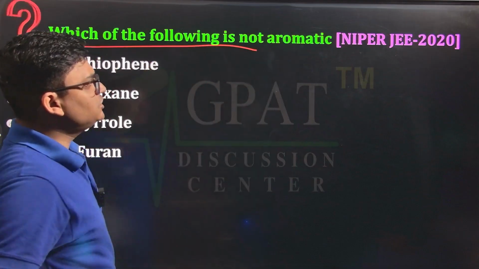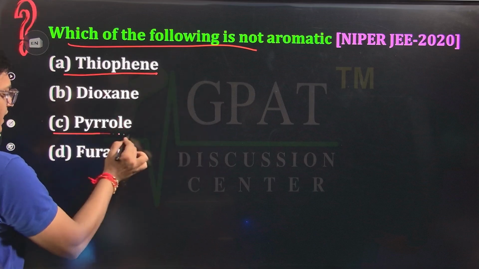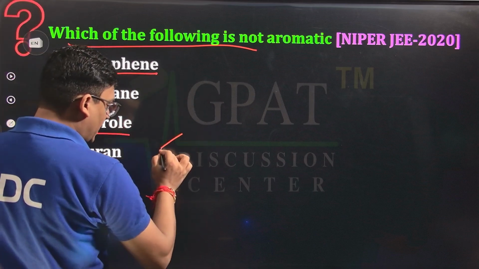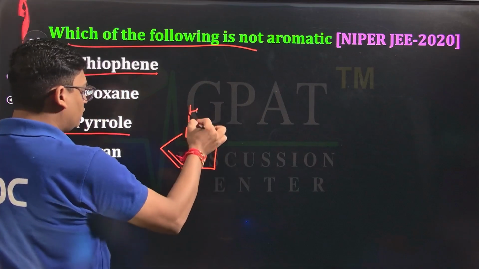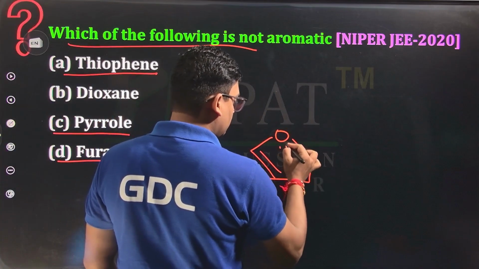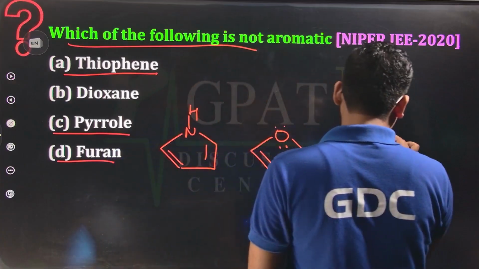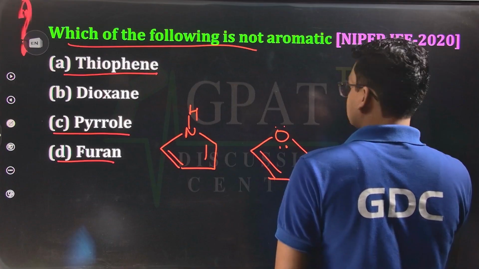Which of the following is not aromatic? Thiophene is aromatic. Pyrrole, furan. We know pyrrole is an aromatic structure, furan is an aromatic structure, thiophene is an aromatic structure.